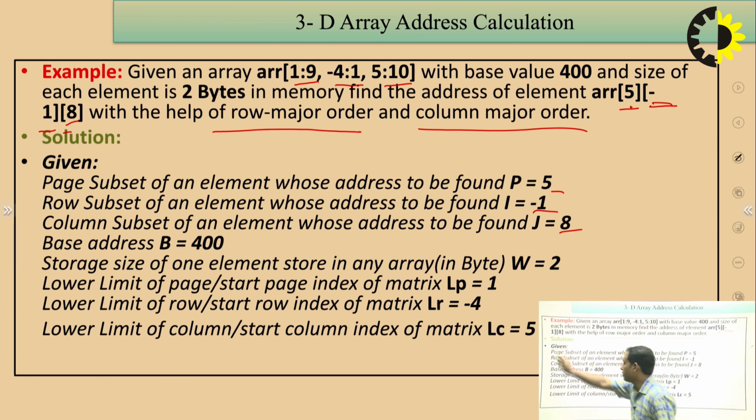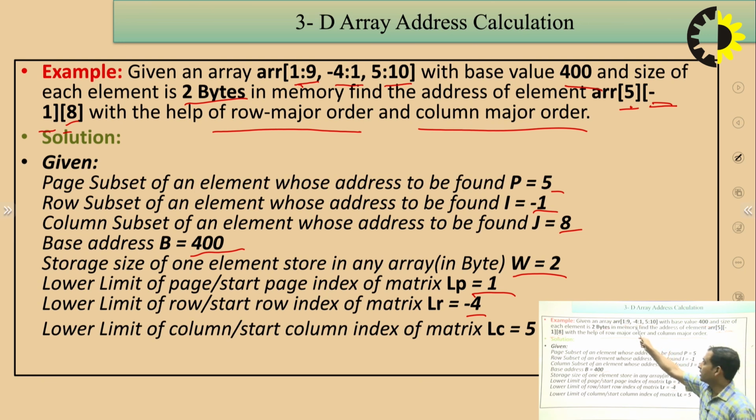First we note all the data given: base address B is 400, and storage size W is 2 bytes. The lower limit of page is LP, the lower limit of row is -4, that is LR, and the lower limit of column is 5, that is LC. If not given, we can assume it as 0, but here it is given.